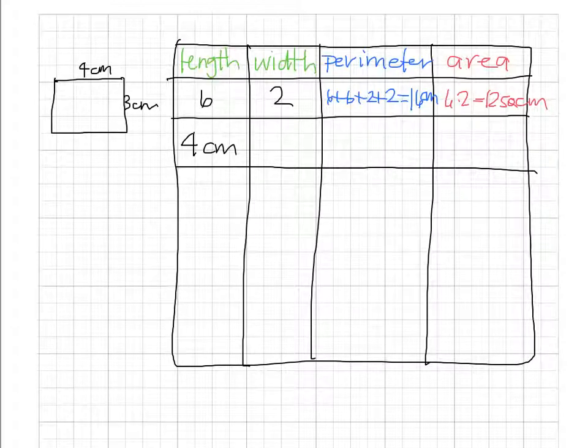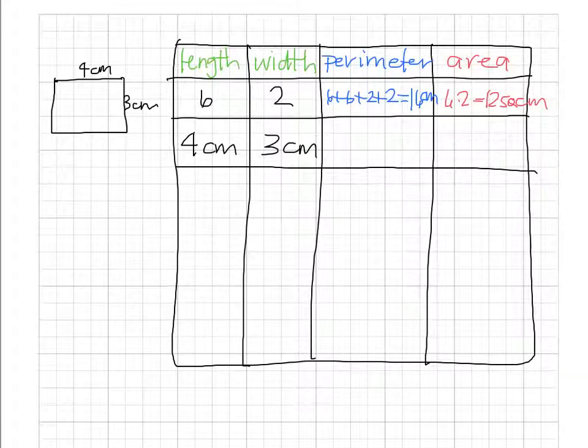Our width, which is right here, is 3 centimeters. Now, ladies and gentlemen, does it matter which one you choose as your length or your width? It really doesn't, as long as you keep it consistent. So if the length is always your long side, then go ahead. If width is always your long side, go ahead. You just have to do something that you will always remember.